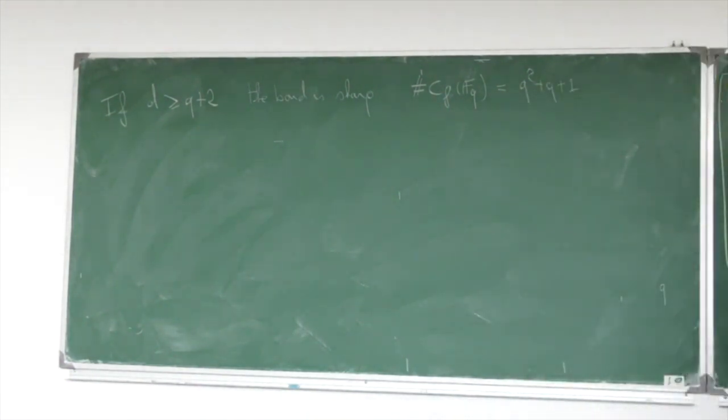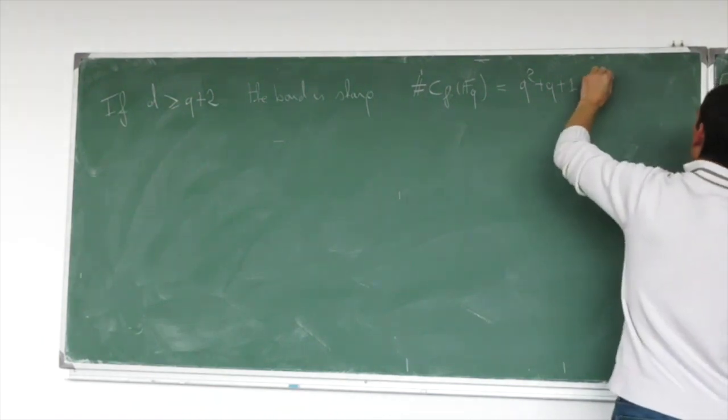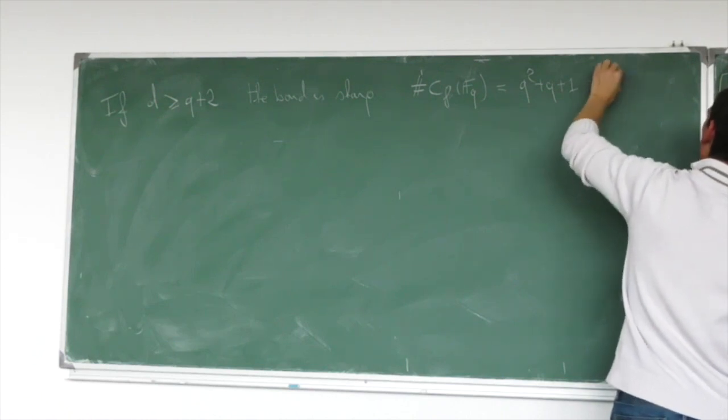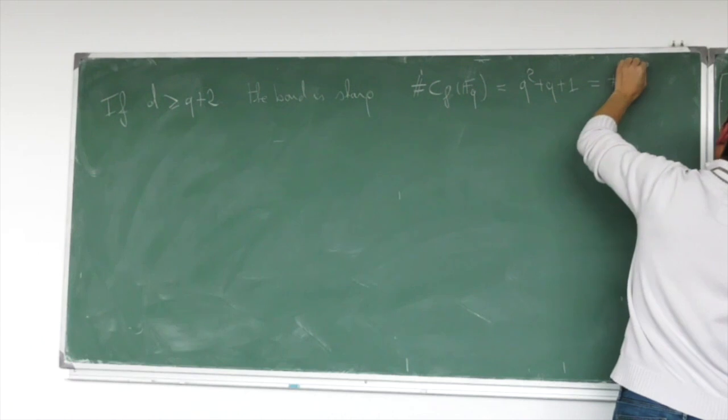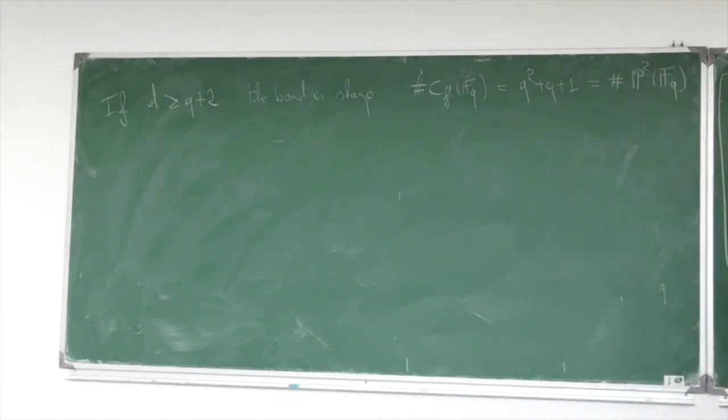And what is this q squared plus q plus 1? It is the number of points of P2 over Fq. So it is the number of points of the projective space, and so obviously you can't go much further. All right.